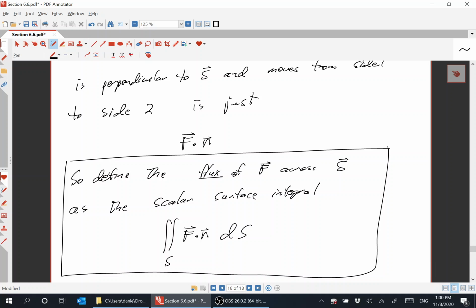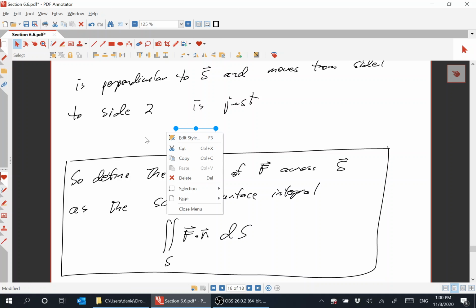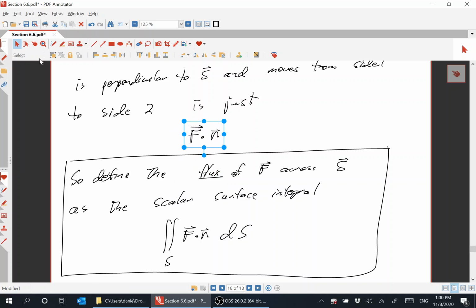That's the total amount you're summing up. You're summing up the amount of F that flows across S. The amount of F that flows across S is F dot n. And you're just taking the sum of that over the entirety of S. So the sum of a function over the entirety of the surface S is the scalar surface integral. This is a scalar function. It's a dot product of two vector functions, which gives you a scalar function.